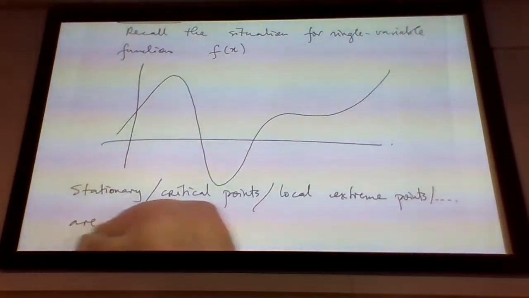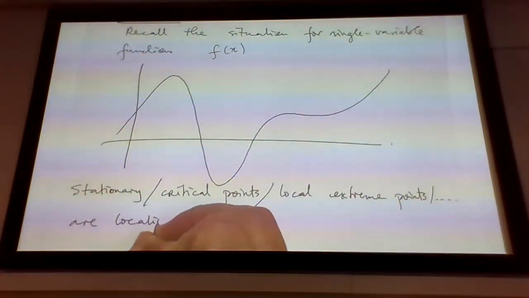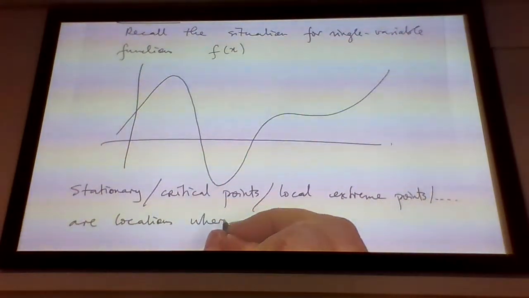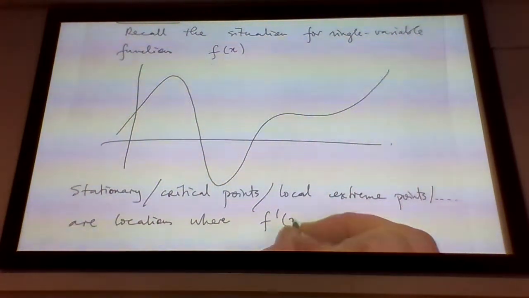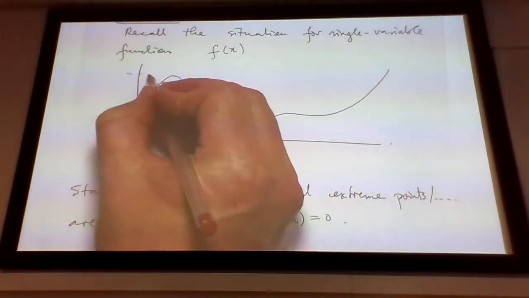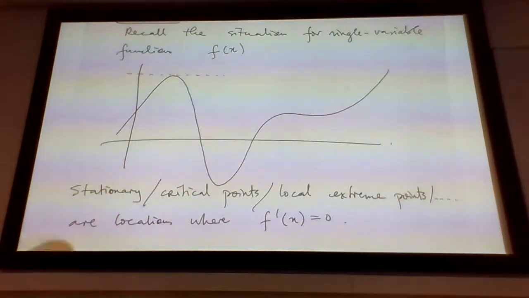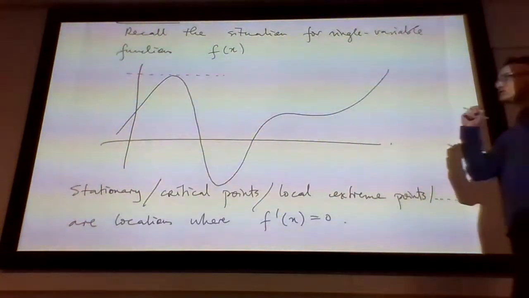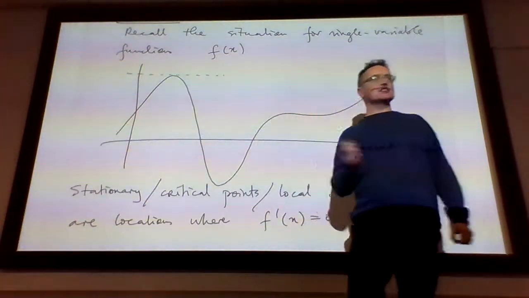These are locations where the derivative of the function is equal to 0. Now remember, the derivative is the gradient, the slope of the tangent line to the graph.